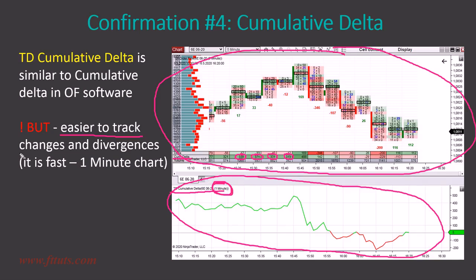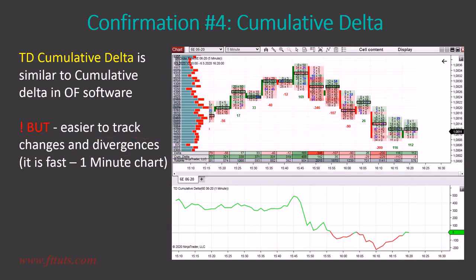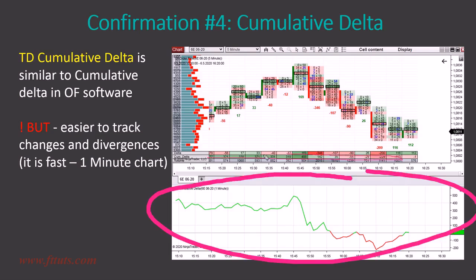So it's easier to track the changes and most importantly the divergences because it is a 1 minute chart. Alright, so that's why instead of the cumulative delta on the order flow, I prefer to use this delta. It is just a visual thing, but in real trading there is a huge difference between this and this.